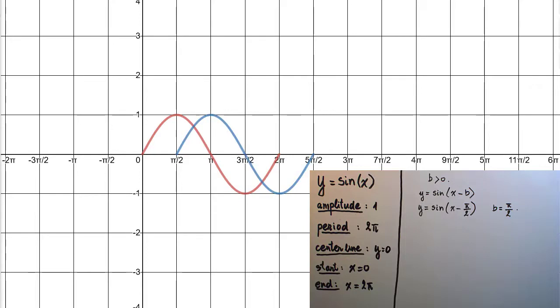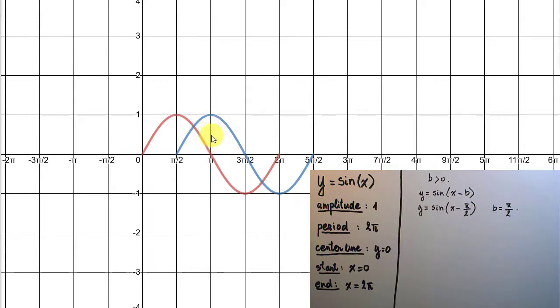So here it is. This graph in blue now is the graph of sine of x minus pi over 2. So let's make some observations here. As far as the fundamental shape, this graph in blue has the exact same shape as the graph in red right here. And as far as the wave height, or formally the amplitude, of this wave in blue, the high peak hits exactly the same height.